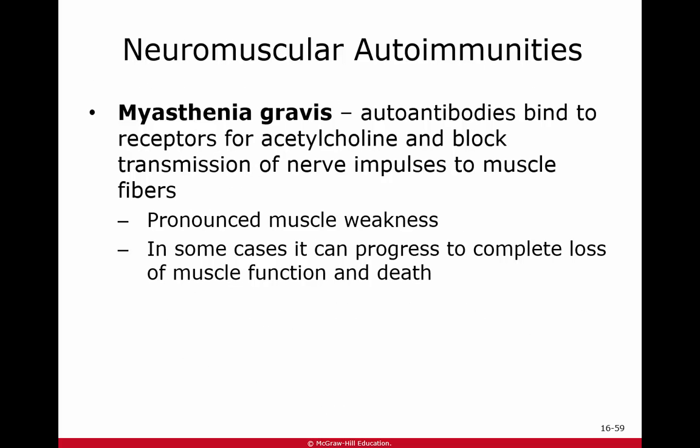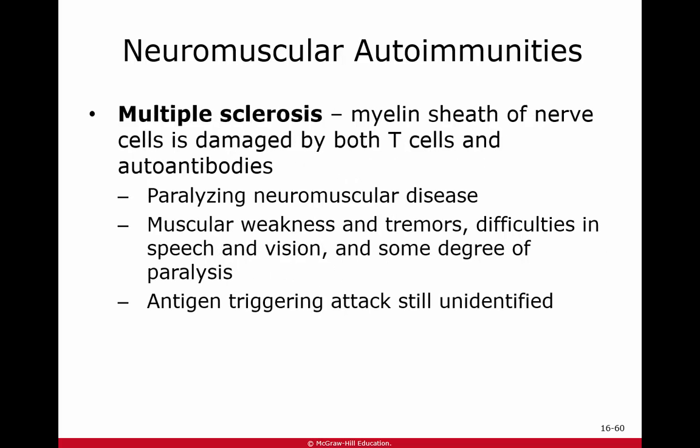Myasthenia gravis is going to attack your muscles and cause muscle weakness or even complete loss of muscle function and death. Multiple sclerosis attacks your nervous cells, your neurons, and it can be paralyzing, cause weakness and tremors. It's also responsible for some loss of speech and vision as well.